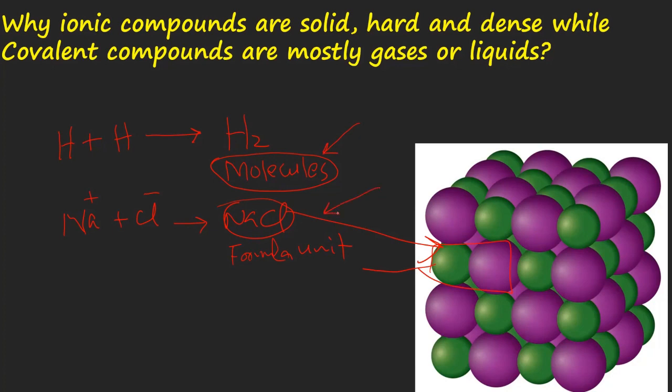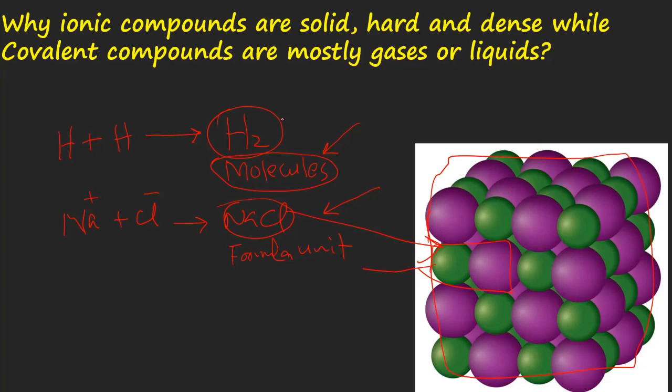Now, why are ionic compounds solid? Because they have a crystalline structure and every ion is bonded to another ion, cation or anion, with strong ionic, electrostatic forces. In molecules, let's say H2 molecules, one H2 molecule is not attracting another H2 molecule at all.